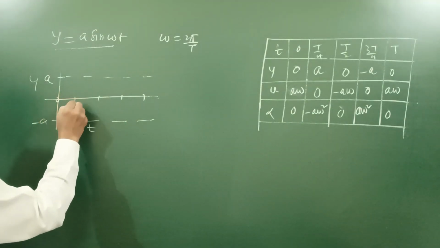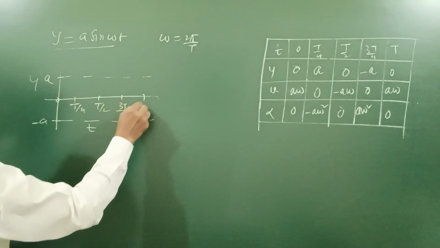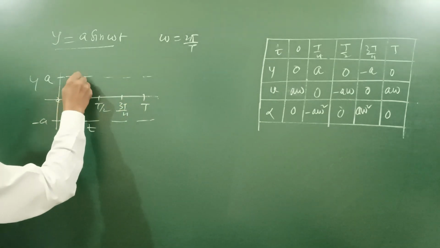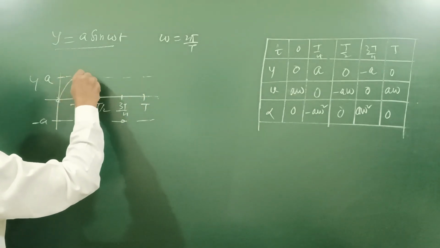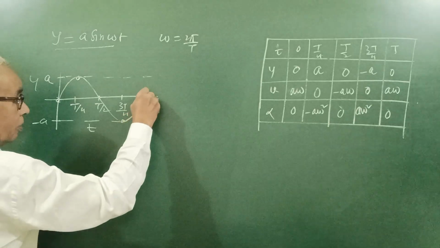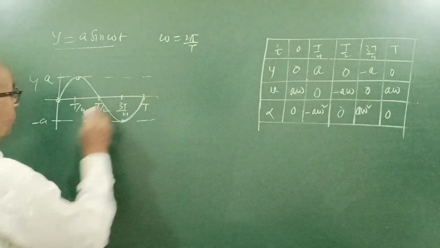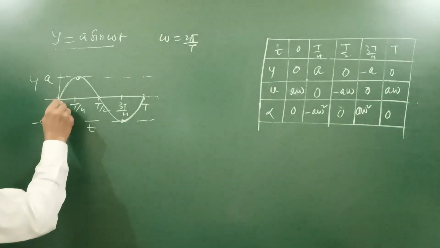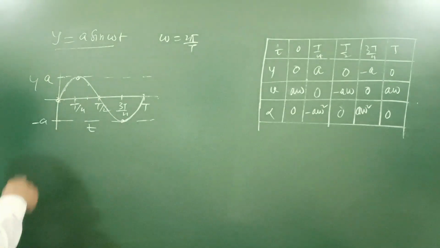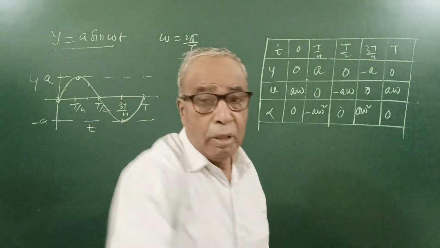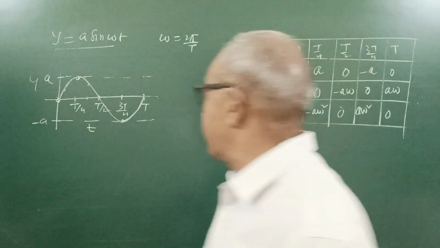The values are 0, maximum, 0, minimum, 0. So the yt graph will come out like this. This graph shows the displacement at this time, this much, that this much, and this much. The body is going on a path like this. It is telling position.